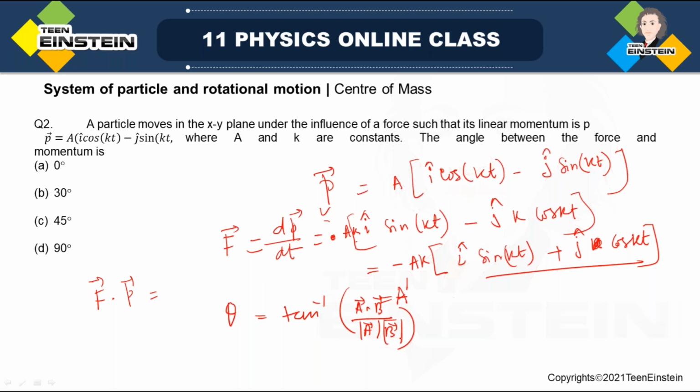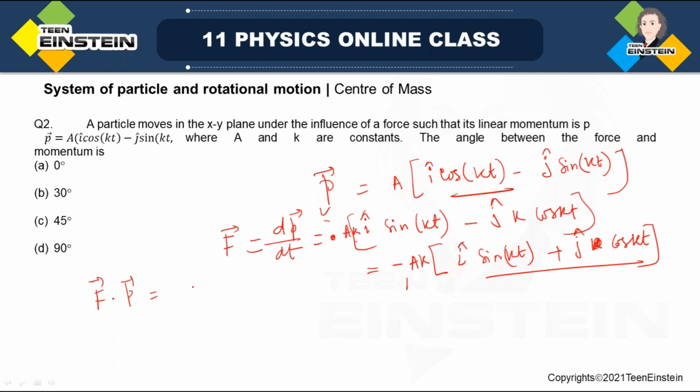What we can do is take the dot product. Let us first do it here.